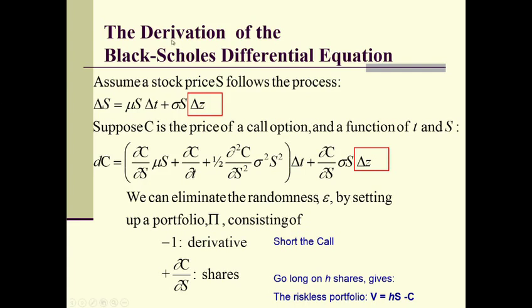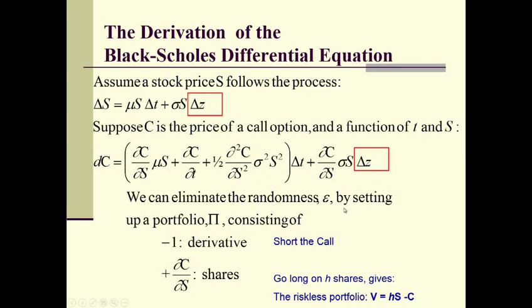So if you create a portfolio like this, short a call, long dC over dS shares, then you must put a minus sign here, right? Because you short the call. Do you follow or not? So you put a minus sign here, and all these terms become minus, right? If you put a minus sign here, everything on the right hand side becomes minus as well.